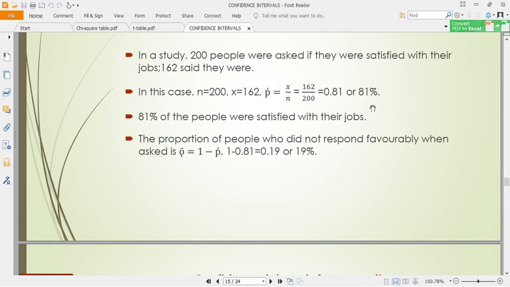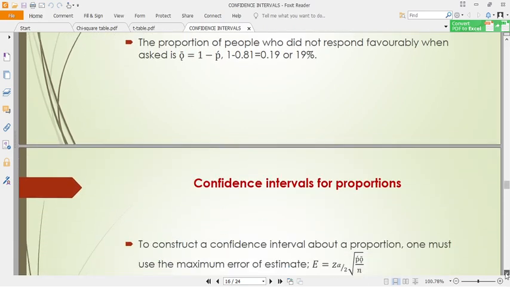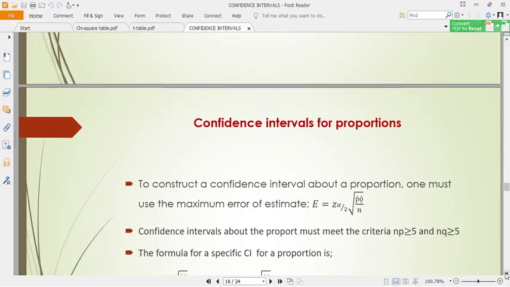Now the proportion of people who were not satisfied or never responded favorably will be either 100 minus 81 or 1 minus 0.81, which will be either 0.19 or 19%. So, confidence intervals for proportions.